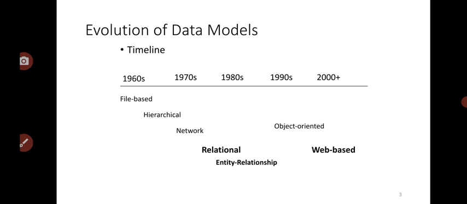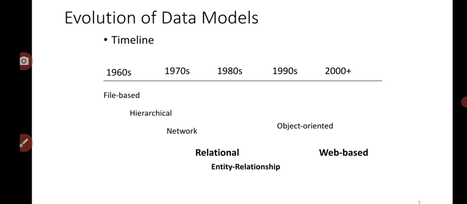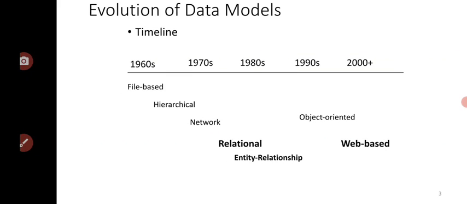Then we come across the network data model in the 1970s, and in the 1980s the most popular relational data model and entity relationship data models. In 1990 we come across the object oriented data model. In 2000 we have web based data models. So this is the evolution of data models.